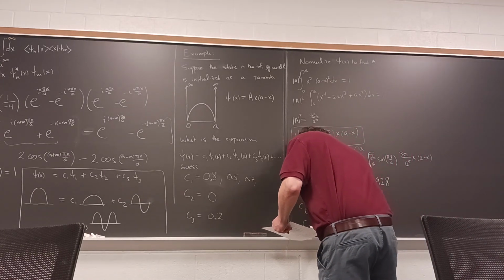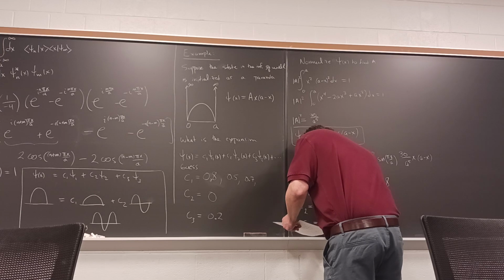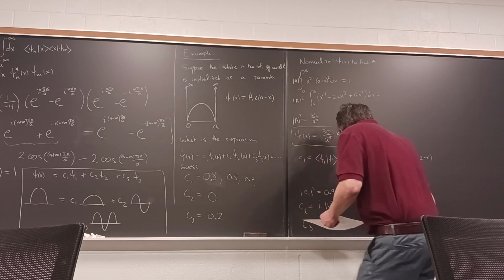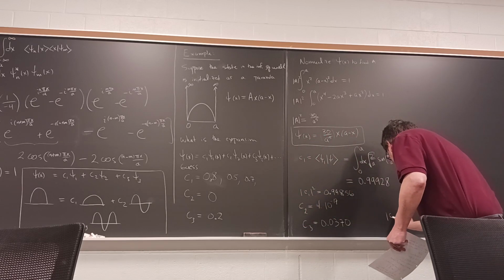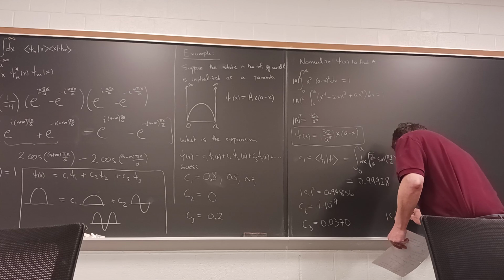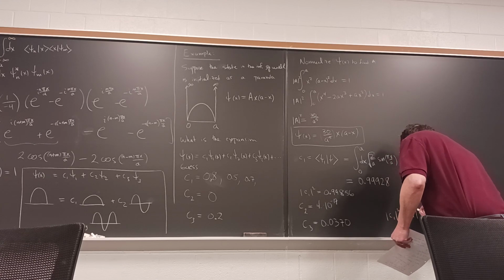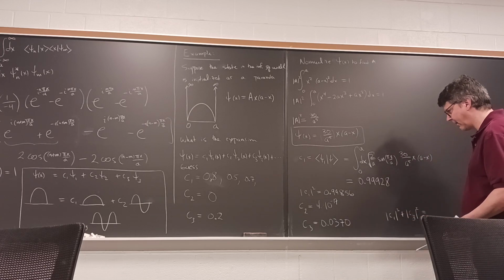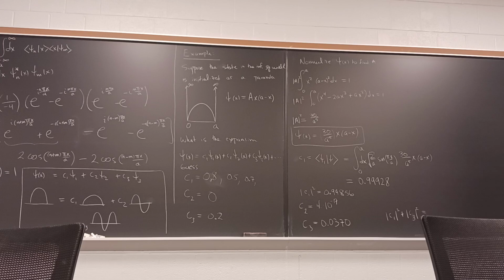And then C3 is equal to 0.0370. So C2 isn't 0, it's just nigh indistinguishable from 0. Yeah, right. Okay.